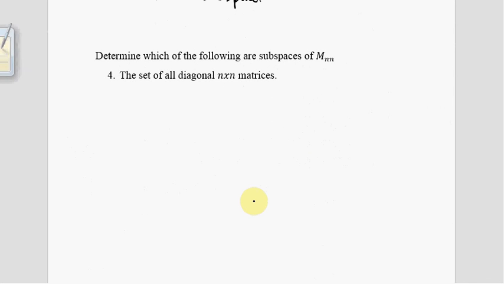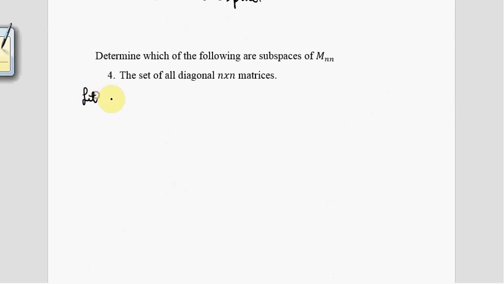Number 4, determine which of the following are subspaces. Here, capital M_nn is the space of all n by n matrices. Number 4, the set of all diagonal n by n matrices. I cannot use a 2 by 2 or a 3 by 3 to represent my explanation. I have to use an n by n matrix. Here we need at least 2 of them.